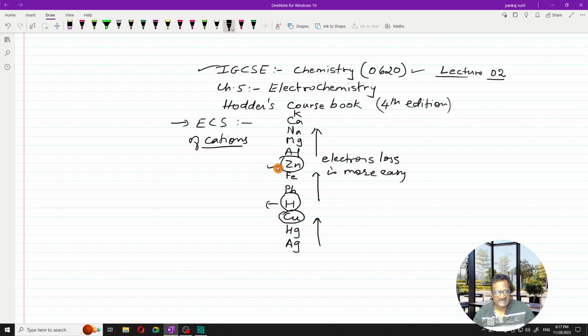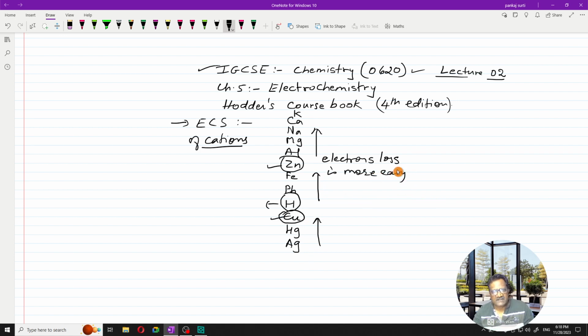Between zinc and copper, zinc will lose electron more easily, because zinc is placed higher than copper in this series. So from bottom to top you have to see. The electron loss is more and more easy when you go from bottom to top. That is the meaning of it.